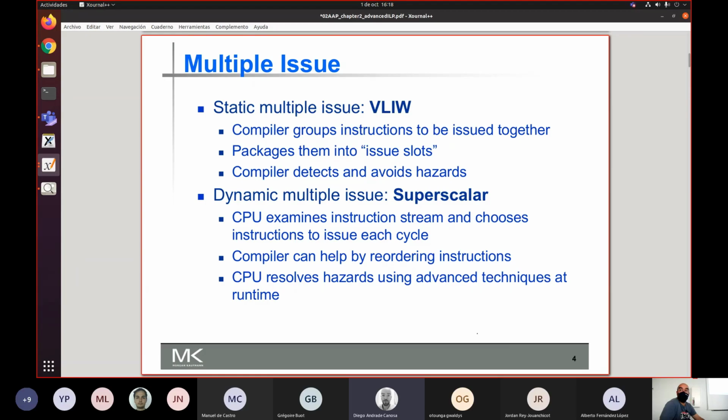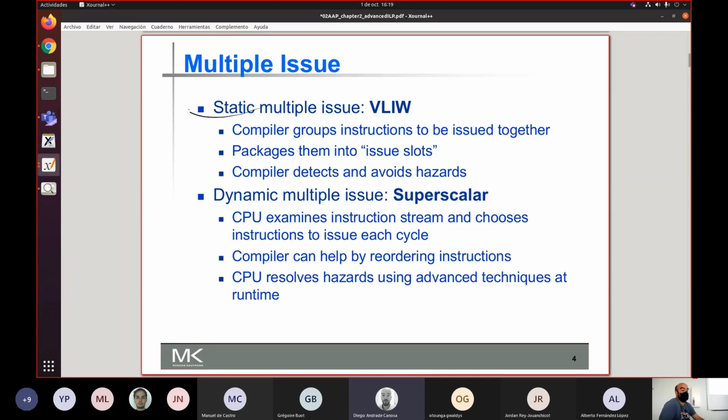Because obviously, issuing 4 instructions or 2 instructions or whatever number of instructions at the same time implies that you have to make a dependency analysis, because if there is a dependency between a pair of instructions, they cannot be issued at the same time, okay? So if this analysis is done by the compiler, we said that this is going to happen at compile time, and this is what we call static multiple issue. Okay, this is the approach that we follow.